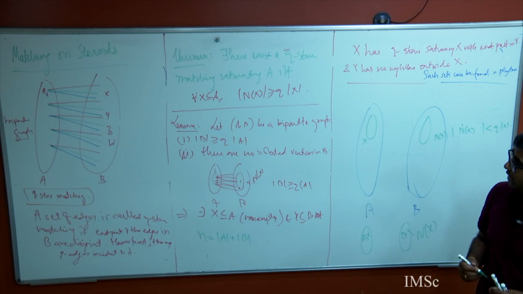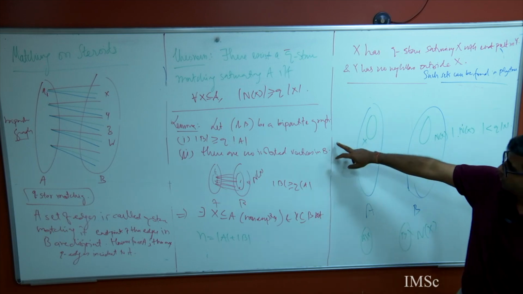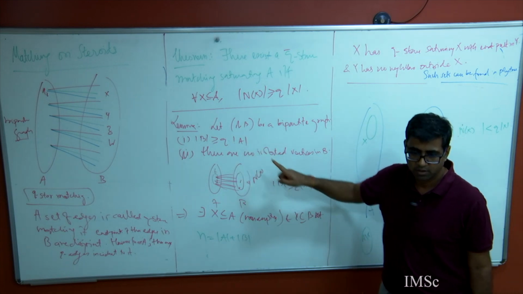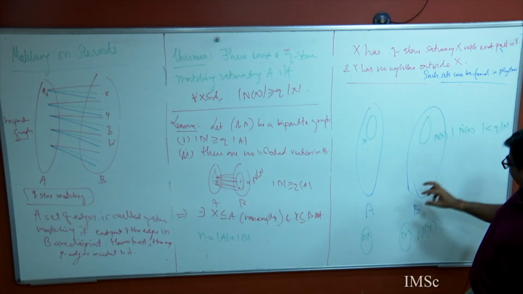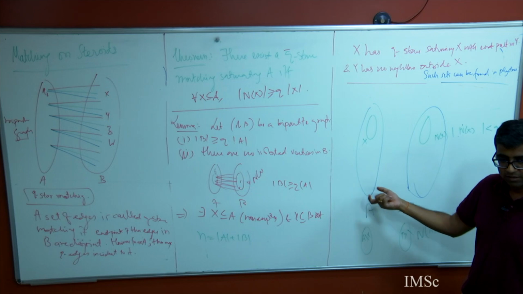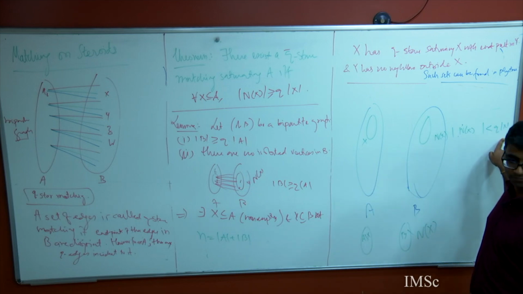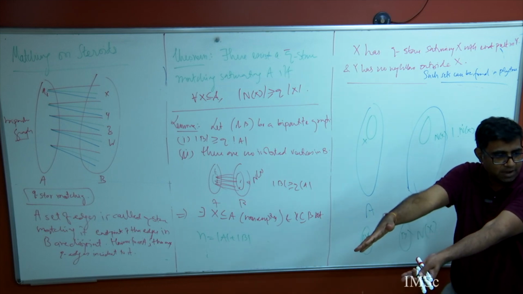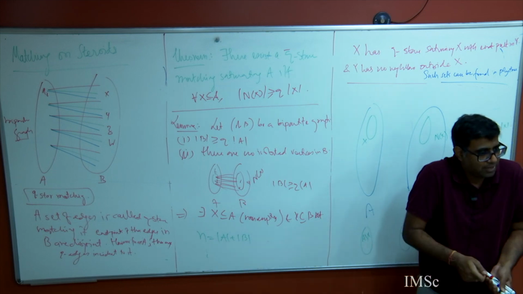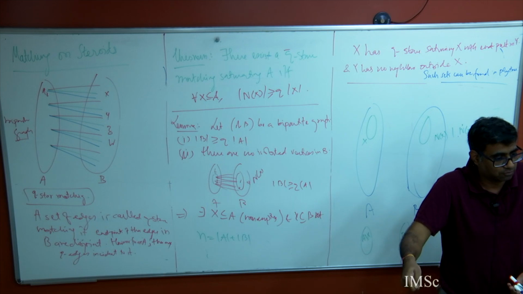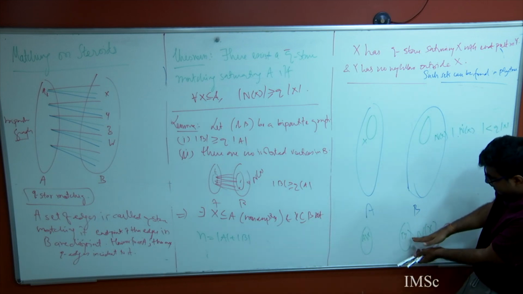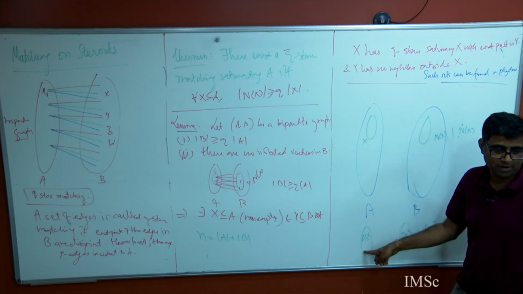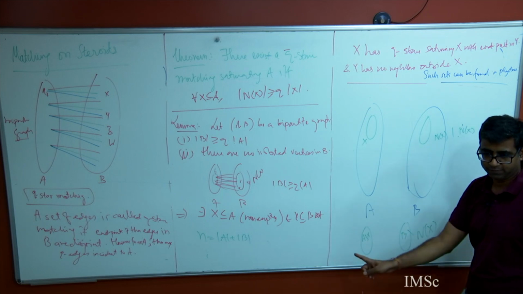The cardinality of this should be Q times this. We removed some set here, but fewer neighbors than Q times it. I removed P guys, but I removed strictly less than P times Q. So the size of B minus N(X) is still at least Q times A minus X. So this condition is satisfied.